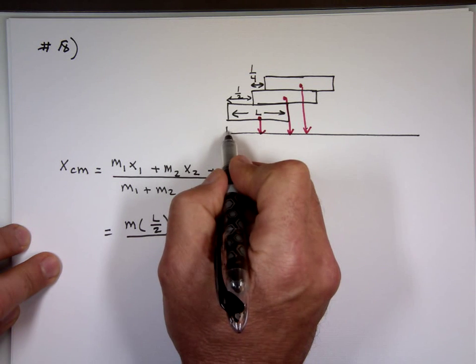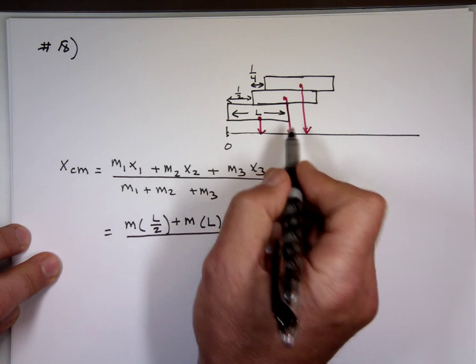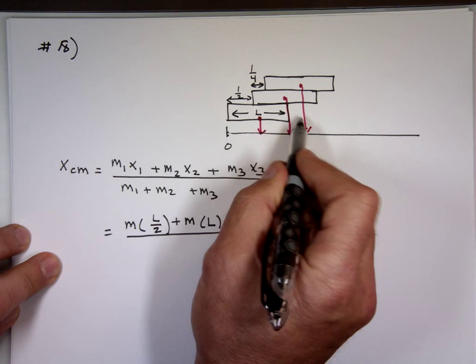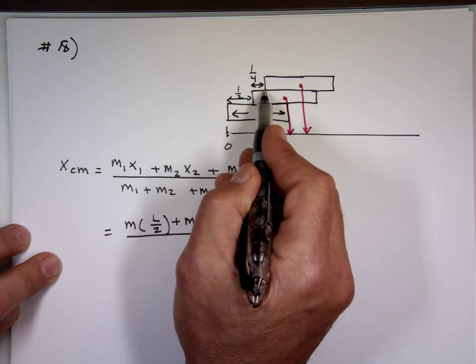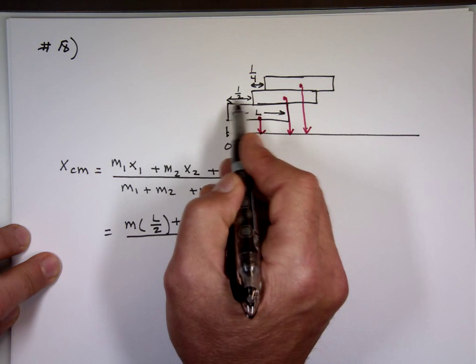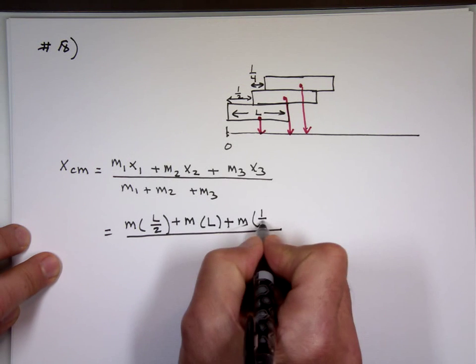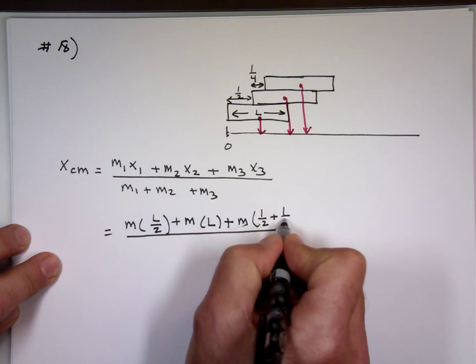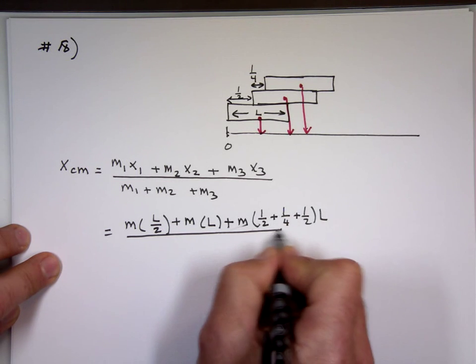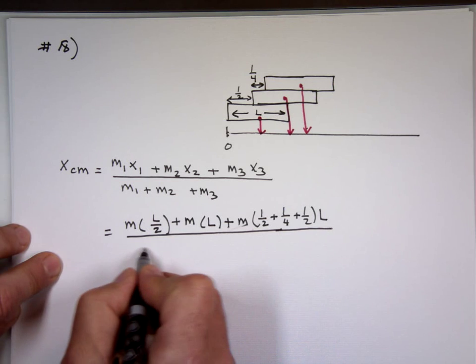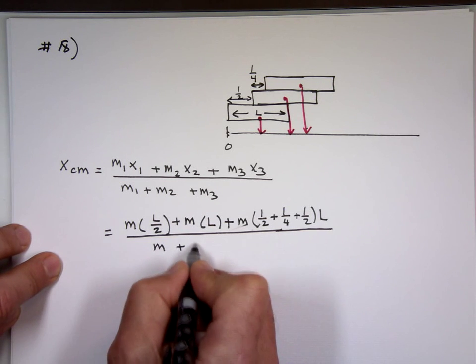Well, what is that distance equal to? Well, we know from here to there is half an L. This is 1/4, and this is half. Half plus 1/4 plus half of L over the sum of the 3 masses, identical masses.